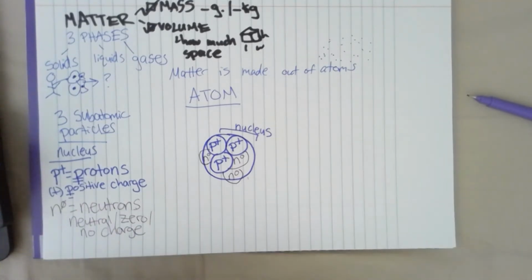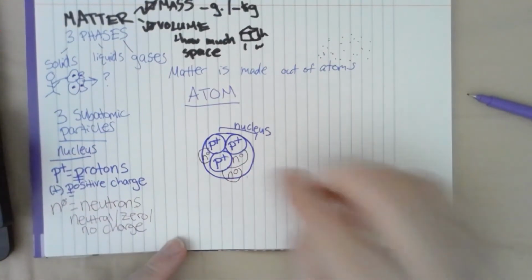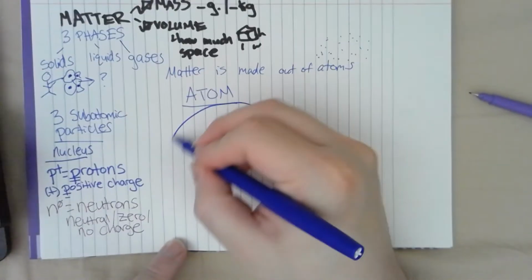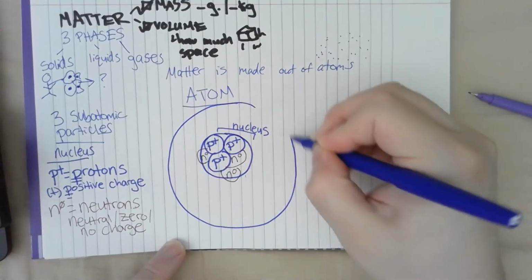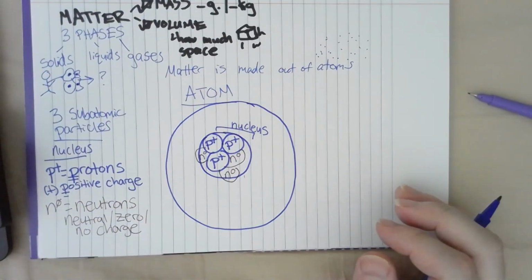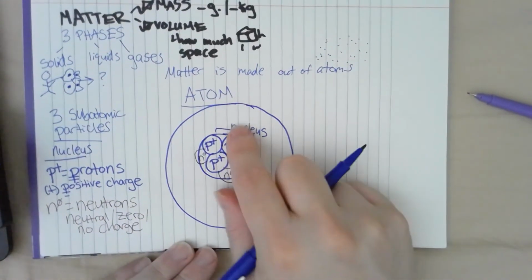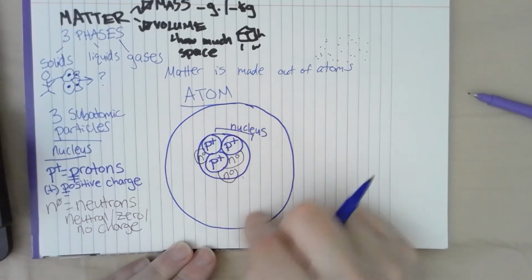Beautiful. So now let's go outside the nucleus. We're going to draw another circle like this. Now we're outside the nucleus. You see a lot of empty space here.